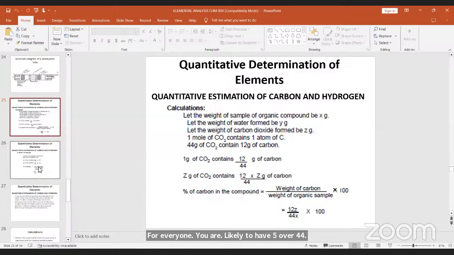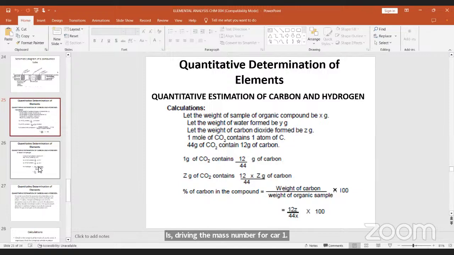I hope everybody agrees with me on this. For every 1 gram of carbon dioxide, you have 12/44 grams of carbon. Where is that 12/44 coming from? 12 is the mass number for carbon. 44 is the mass number for the carbon dioxide.